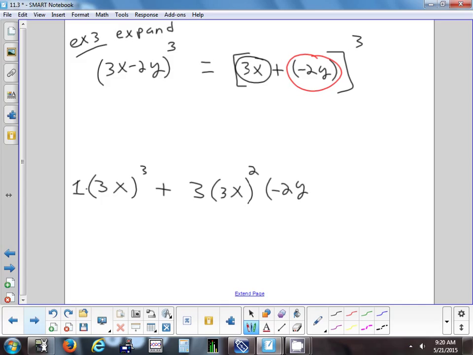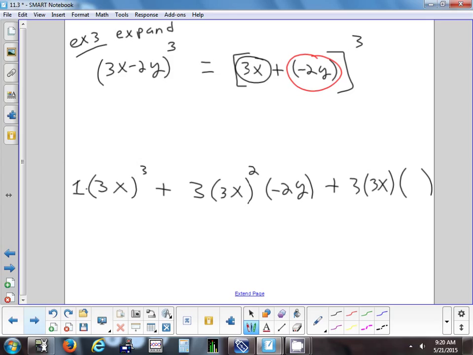So there's all kinds of things we have to do out here. Plus, how about Lasan? What's my next coefficient? 3. Good. And Nick, what's going to go in the parentheses here? 3x.